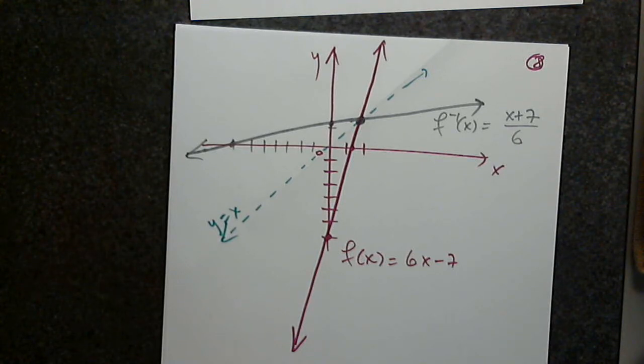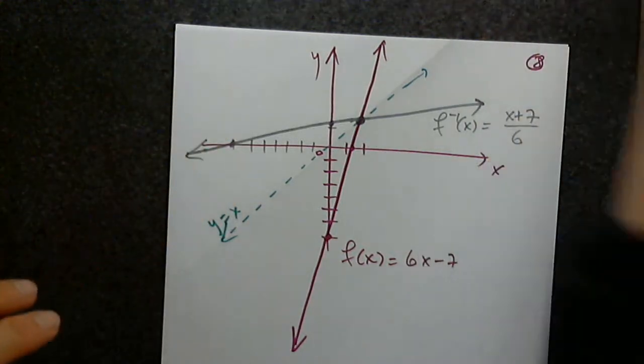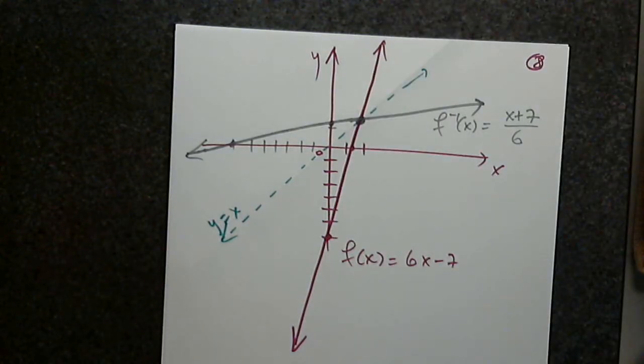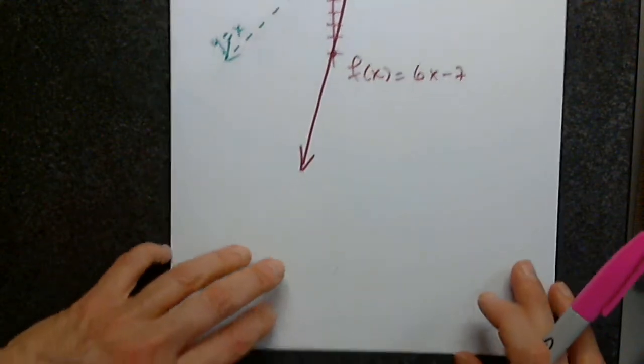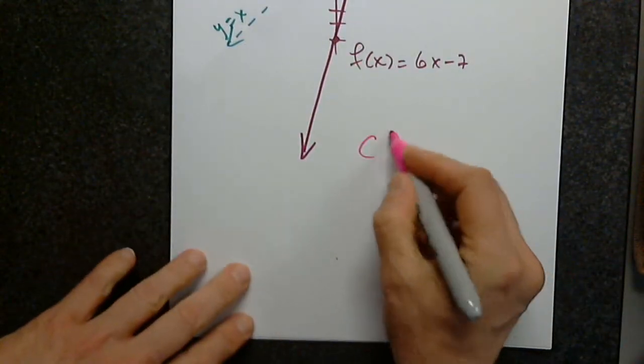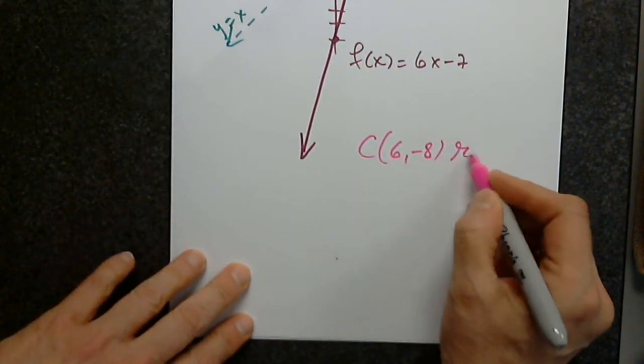Number 9. Write the equation of a circle with center (6, -8) and radius 10. Graph the equation. The center is (6, -8), radius 10.